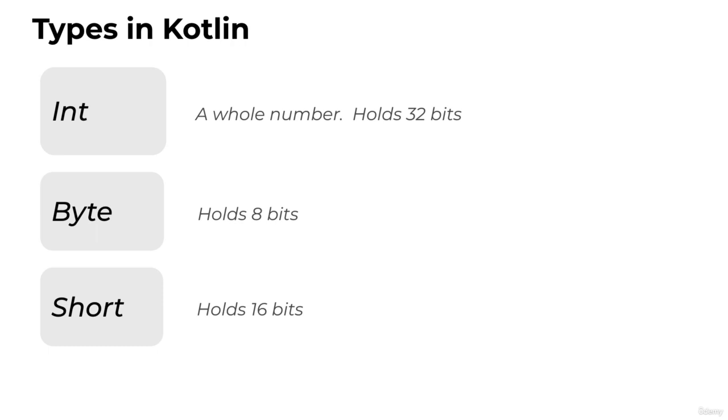If we are working on an application that requires larger numbers, at least up to 32 bits, then obviously we'll use an integer. But if we know that the application will require smaller numbers, that will hold something like 8 bits, then we're going to use a byte. It makes sense. If we want something in the middle, not too small, but not too large, then a short would be fine because short will hold 16 bits of information, all right?